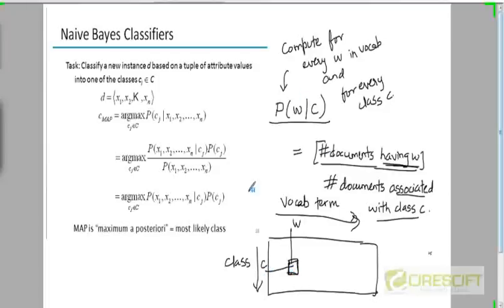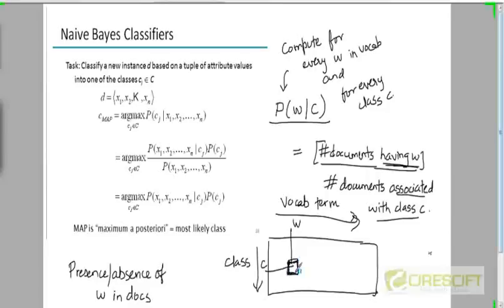Okay, so one thing that you have to note here is we are only looking at presence or absence of W. We are not looking at how many times the word W appeared in a particular document. So we are not looking at term frequencies. We are just keeping track of presence or absence.